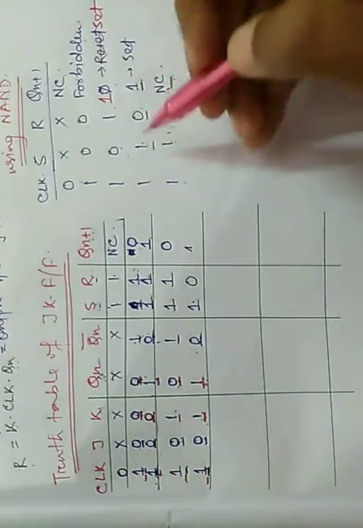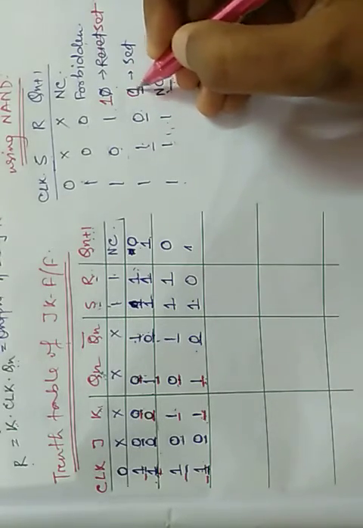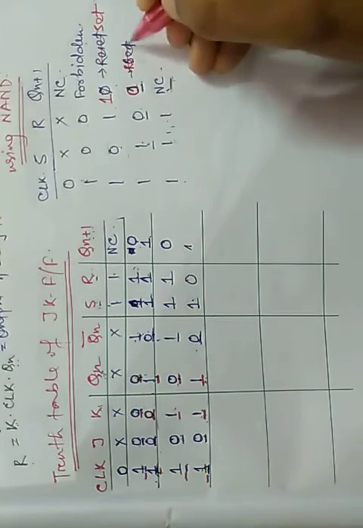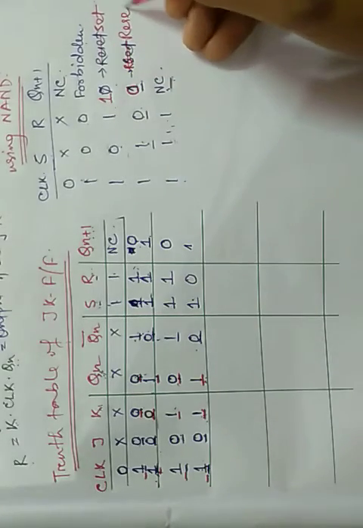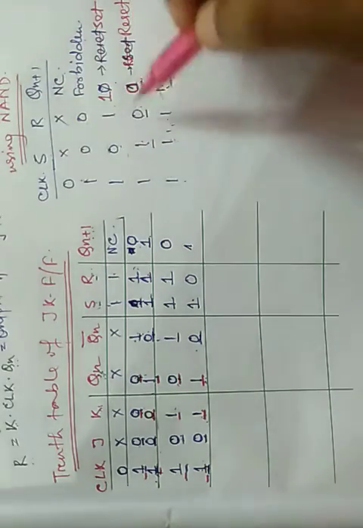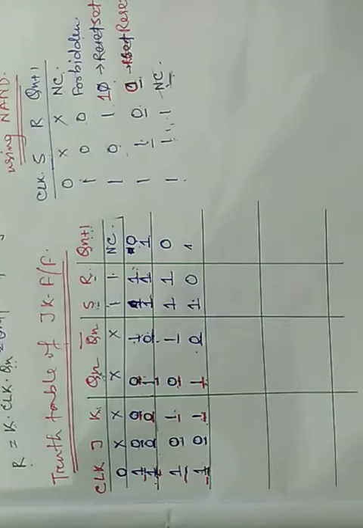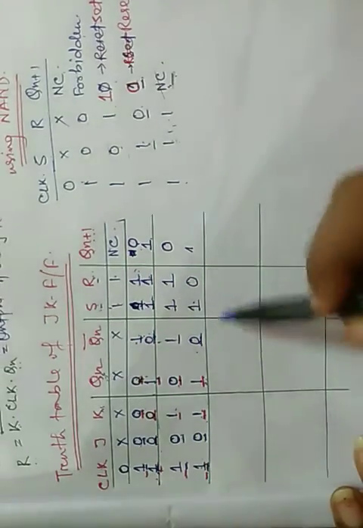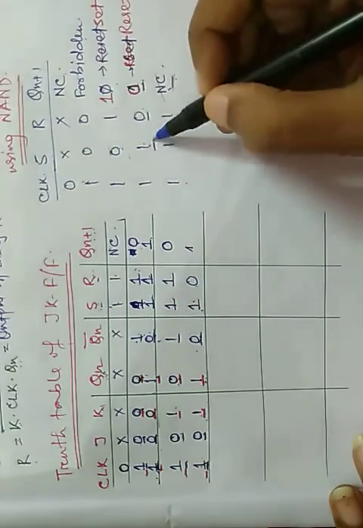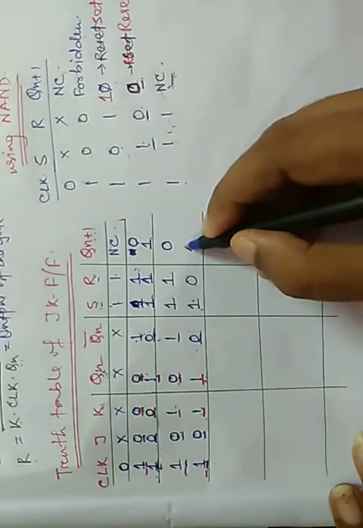And when S is 1, R is 0, it is reset. It is the reverse of the SR latch using NOR gate, totally reverse. So here if S is 1 and R is 0, we get its value as 0.